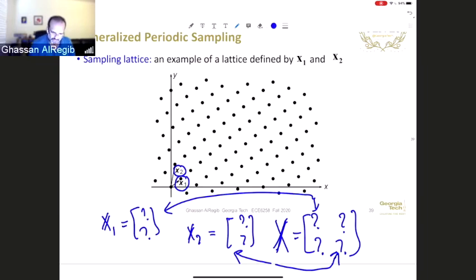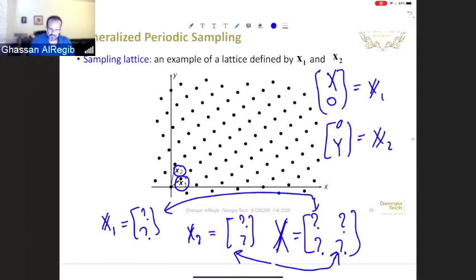In the case when we had capital X and 0 as our first vector, and 0 and Y as our second vector, what we had was x and y as our sampling lattice. I'm hoping this kind of illustration can make things a little bit easier.